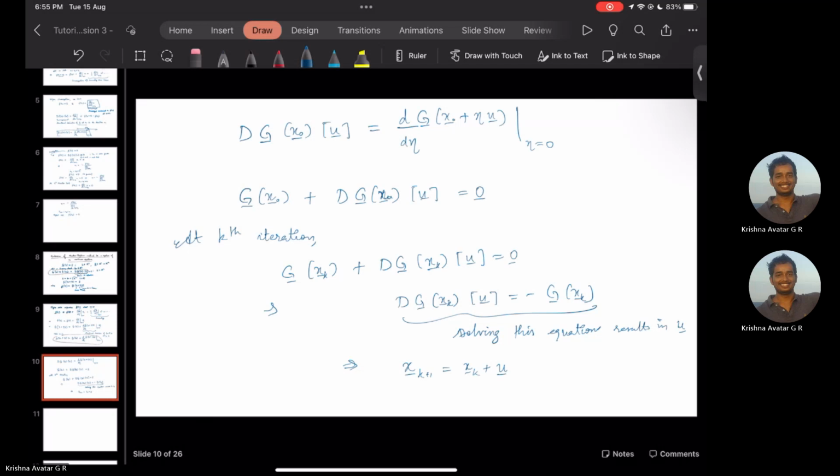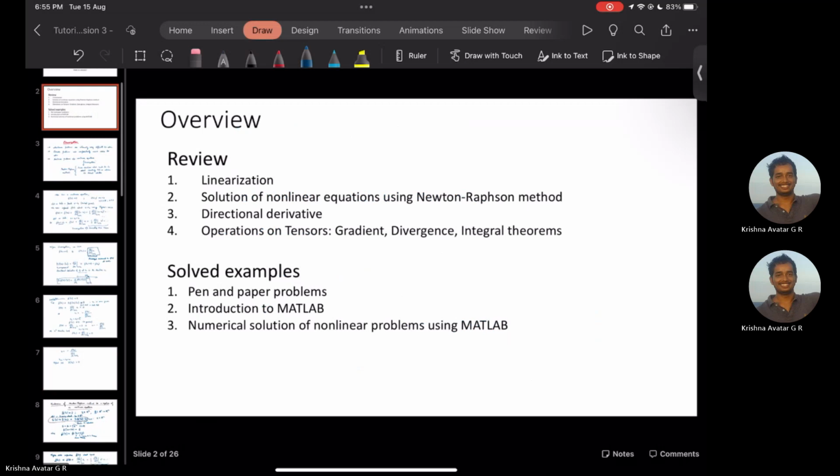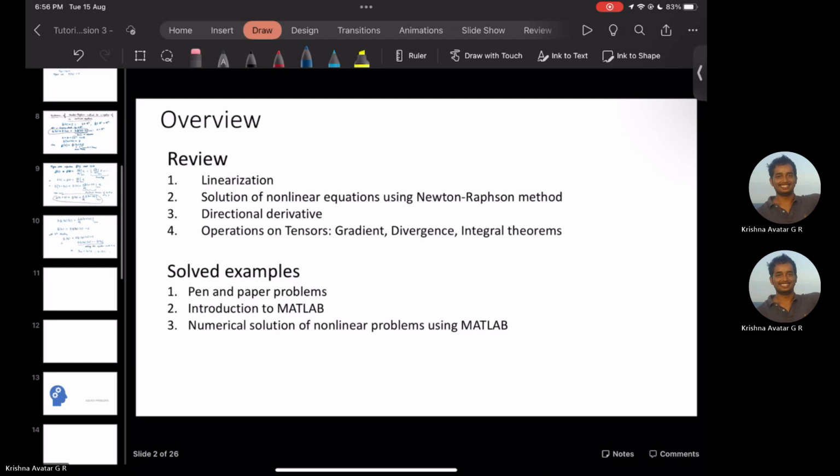And then we just keep on iterating till we have some solution. So it goes on 0, 1, 2, likewise, till we have our desired solution. So we have covered directional derivative, how to solve a linear system of equations, and also discussed the Newton-Raphson method, isn't it?